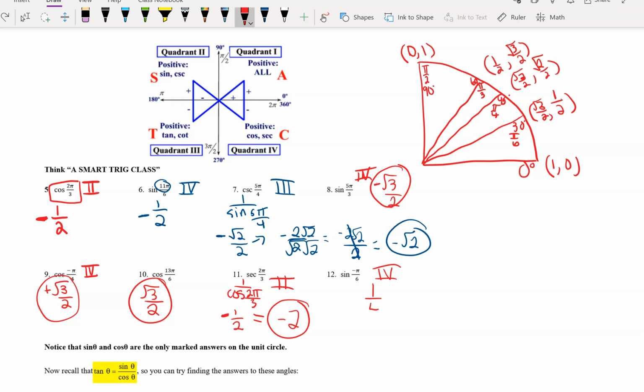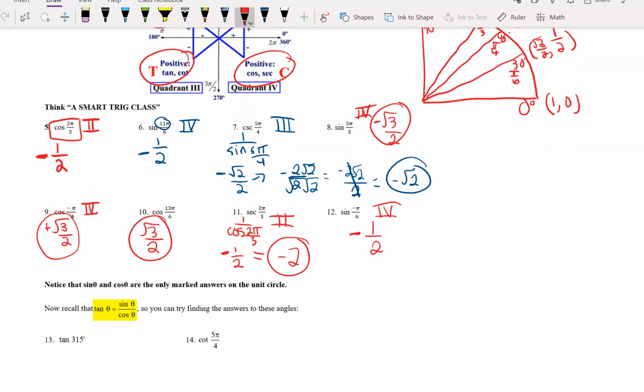Oops, why did I put it on the fourth? Oh, I was thinking about the fourth quadrant. So it's 1/2, but since it's in the fourth quadrant, in a smart trig class, sine is negative in that quadrant. Because remember, these are the only ones that are positive in these quadrants. So sine must be negative.